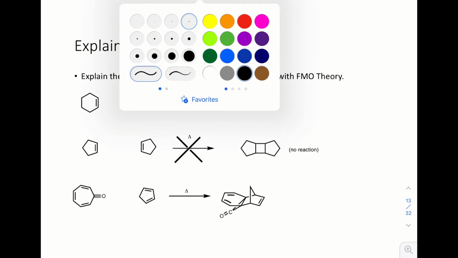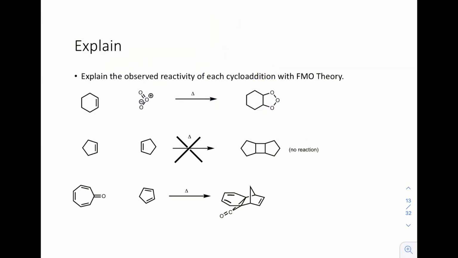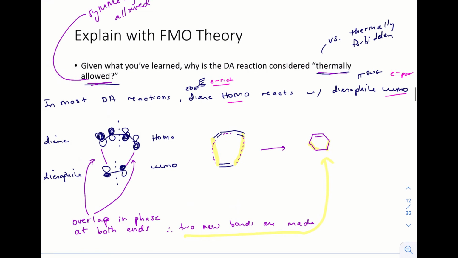So now go back and revisit your predictions for each of these molecules. Given the fact that there is reaction for the first and third, they both occur, but there is no reaction for the second one. And then let's try to explain the observed reactivity for each of these cycloadditions with frontier molecular orbital theory. So what we're going to do is get the HOMO of one of the pi systems, the LUMO of the other pi system, and just see, like we did for the Diels-Alder, is there overlap on both ends to make these two new bonds.